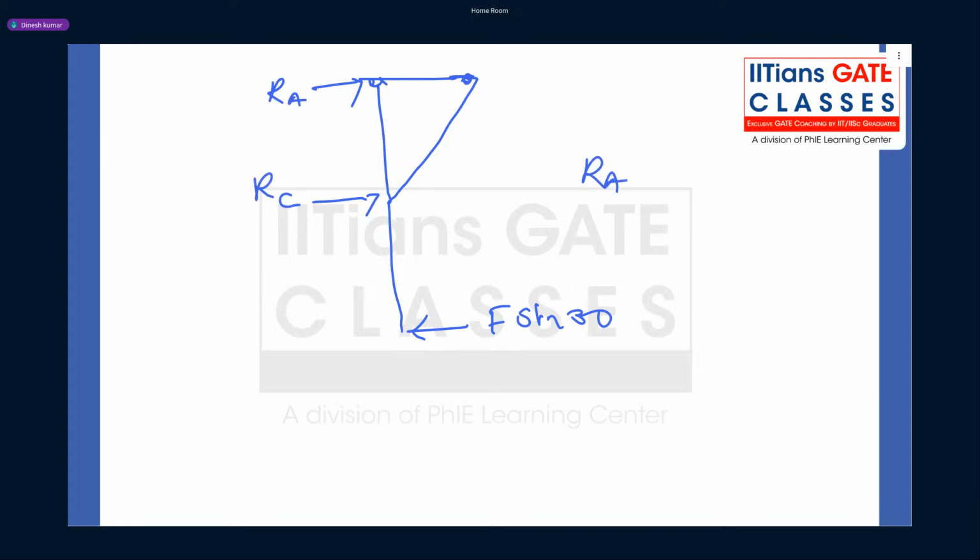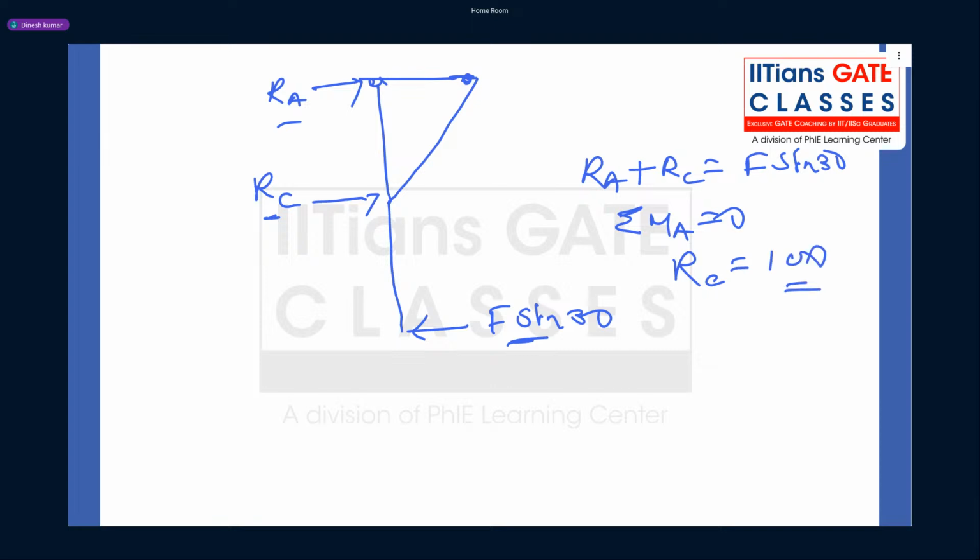You can write RA plus RC equals F sine 30, and then you can also take moment equilibrium, sigma MA equal to 0, due to this load and these two reactions. From here you will get RC equal to 100.